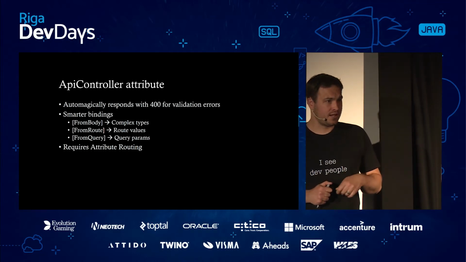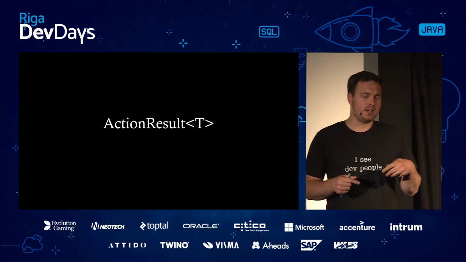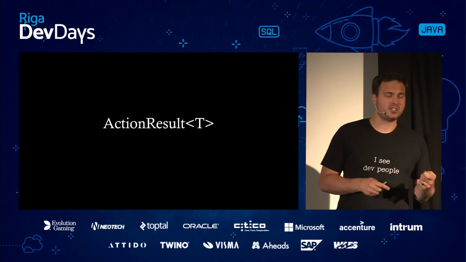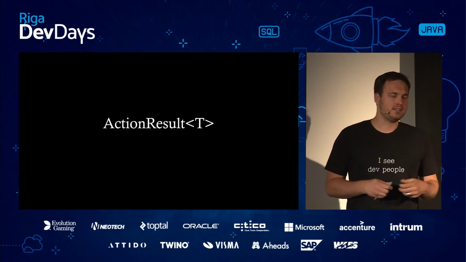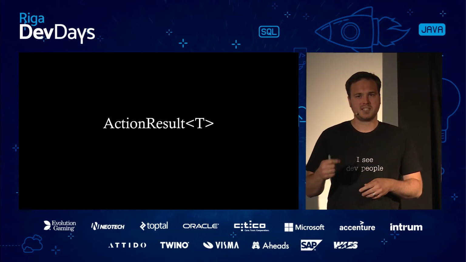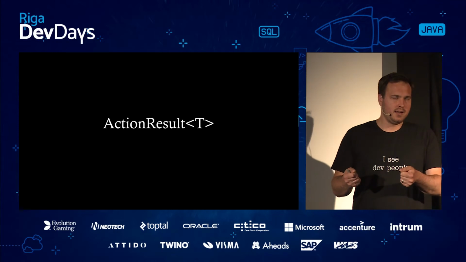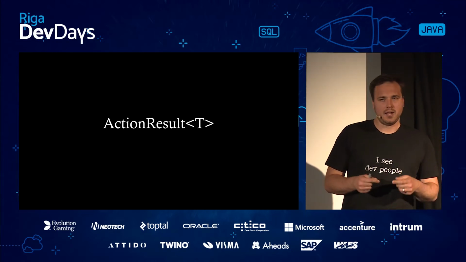It also has ActionResult of T. Previously, we had to respond with an IActionResult, which is an HTTP response message. But sometimes we want to just return the value, like people or an int or whatever.